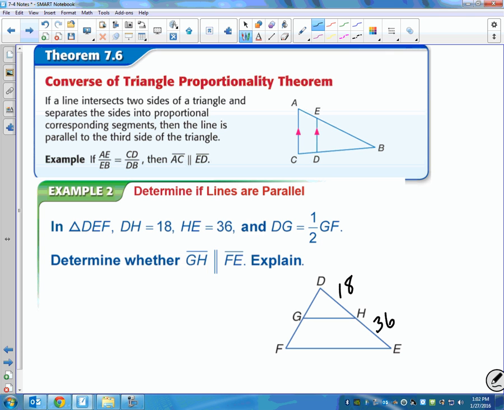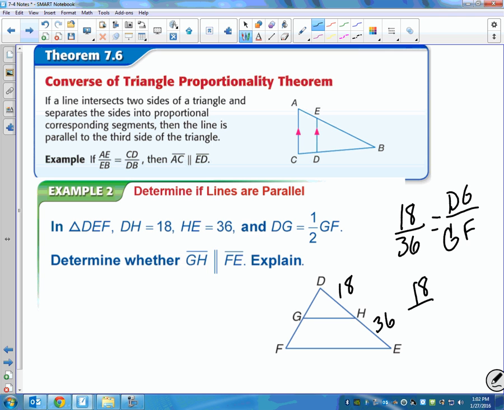I'm not going to write anything over there. If I did this side over this side, do you agree that's the ratio 18 over 36? If I did DG over GF, do I know what DG equals?